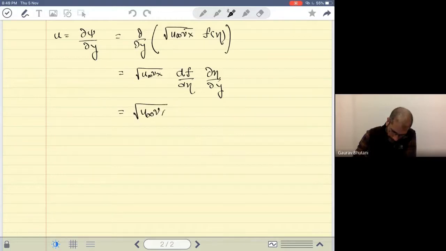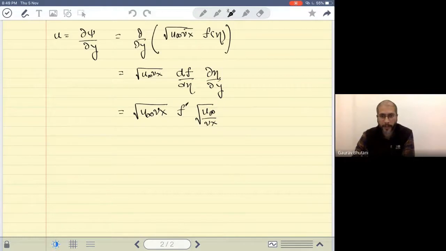Okay, so df by d eta I'll write as f prime, and then del eta by del y becomes the square root of u infinity upon nu x, because eta was the square root of u infinity upon nu x times y. So we can cancel out our nu and x here. So this simply becomes u infinity times f prime. Okay, so this is my u.